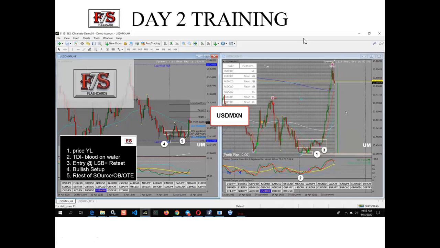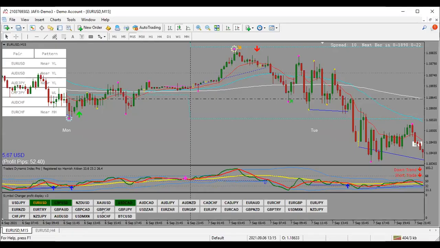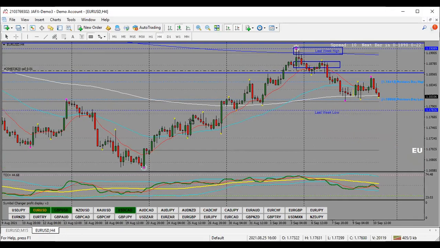Which version is this? GBP. Okay, let's look at GBP/USD and see. Then you can see. Taking my time to explain for you so you understand it very well.